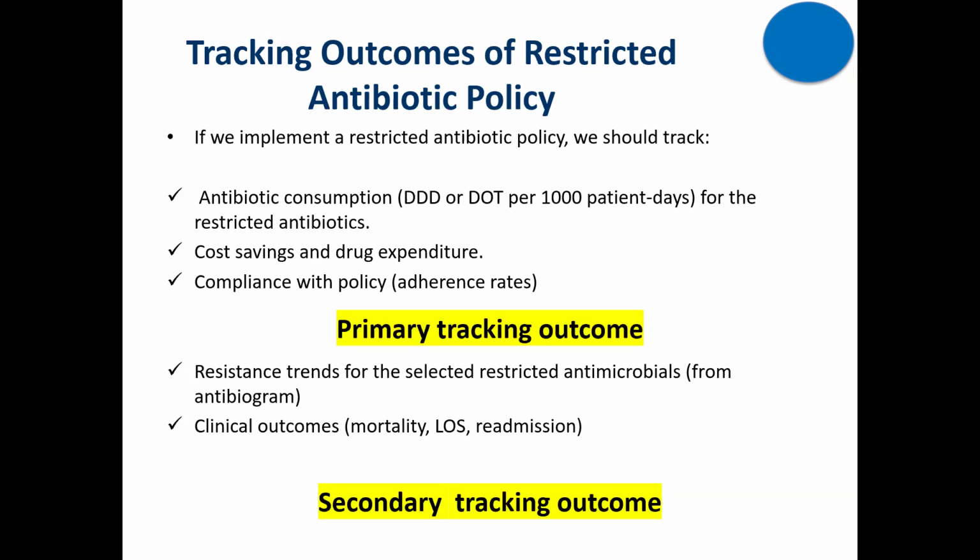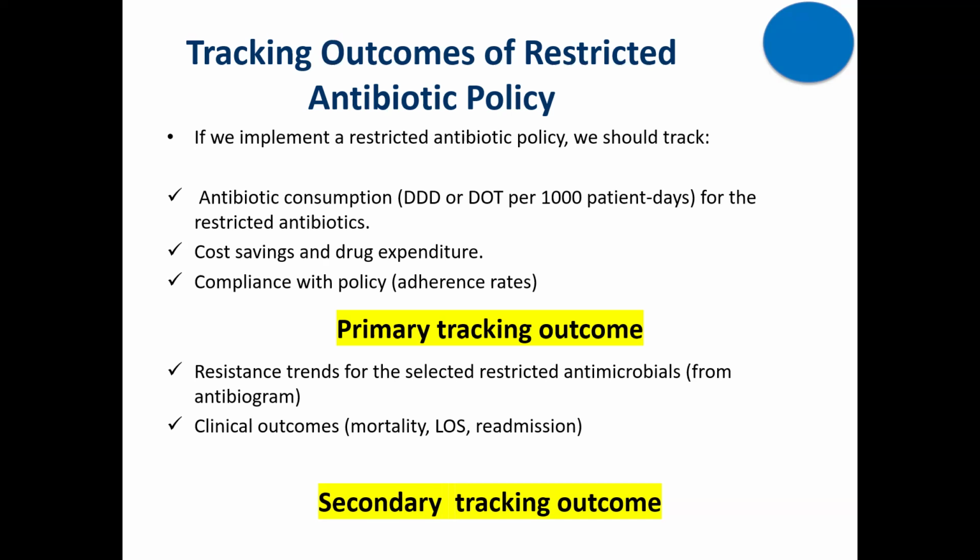and also not only for those antimicrobials, but also for their alternatives, because when you implement a restricted antimicrobial policy, you are restricting certain antimicrobials and their consumption and cost will decrease. But this will be reflected on other antimicrobials, because the physician will shift to other antimicrobials. So you will see that the consumption will decrease for certain agents, but increase for others.